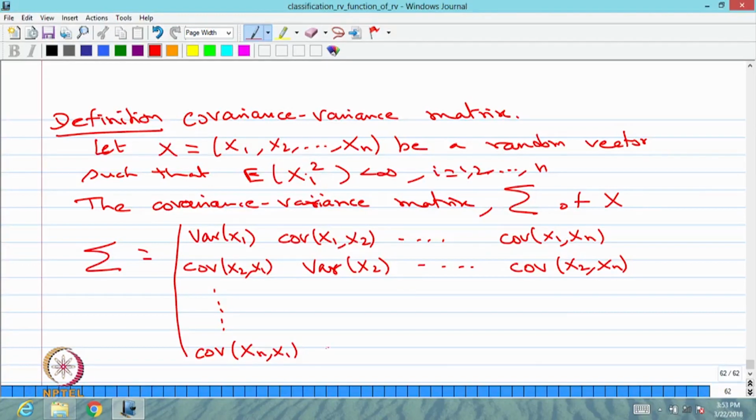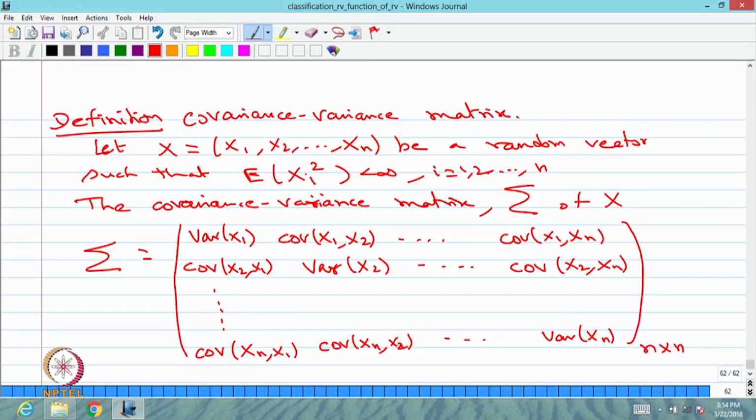The last row second column, that is covariance of xn with x2, so on. The last row last element, that is a diagonal element, that is variance of xn. So this matrix is n cross n order.